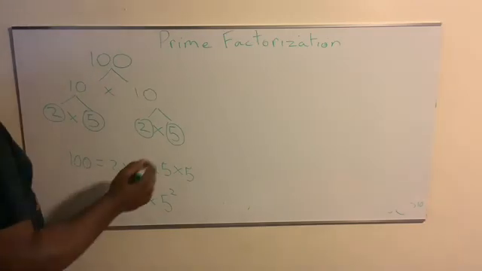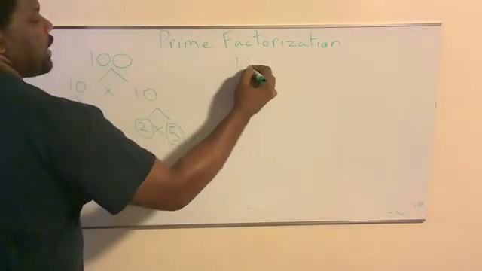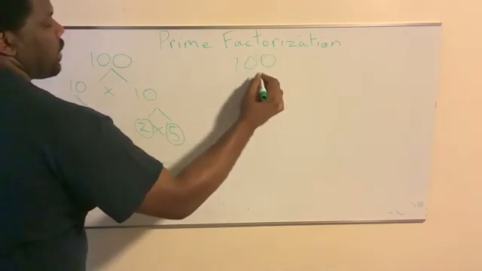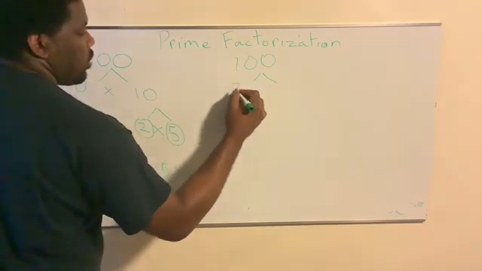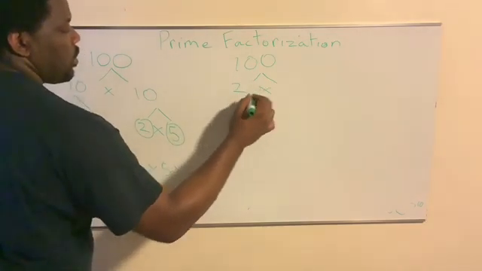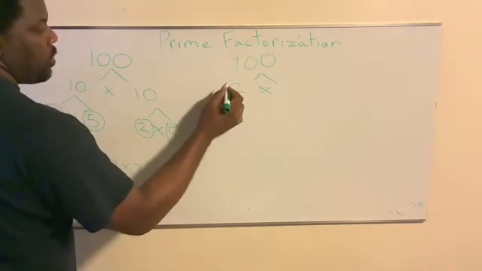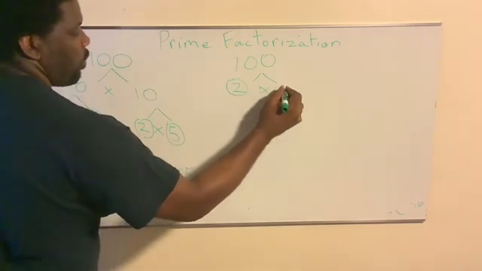Now let's suppose somebody decides to break up 100 differently. Let's say we start off with 2, because 100 is an even number, so 2 is prime. 2 times 50.